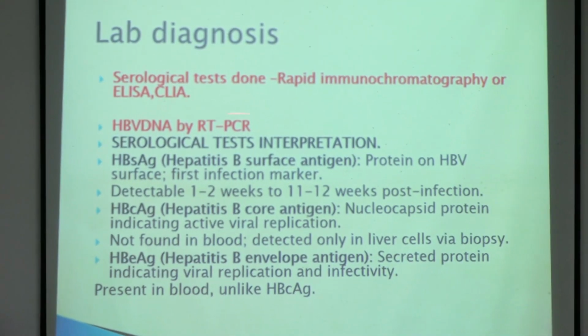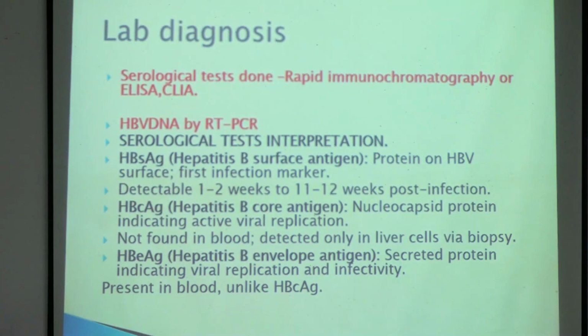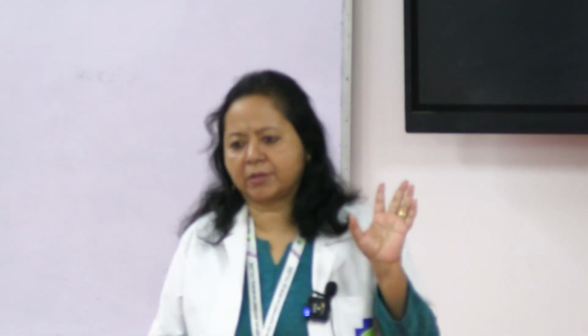Serological tests, the lab diagnosis, are an important part, even for your entrance exam. There are a lot of questions which come with combinations and permutations of all those viral markers, and you have to say this is this and that. I have tried to put some of them here. The serological test, as for other viruses, is the same.